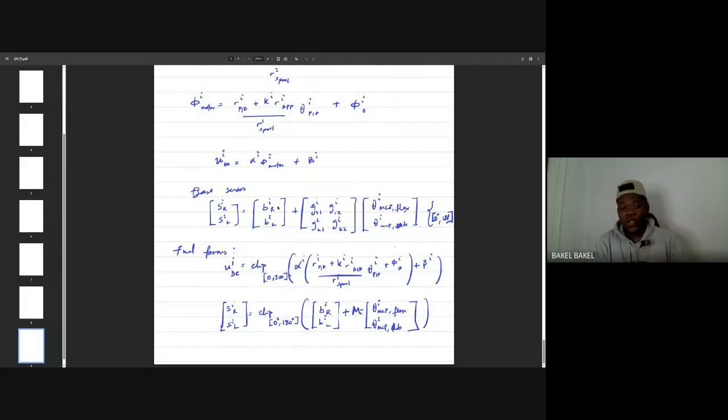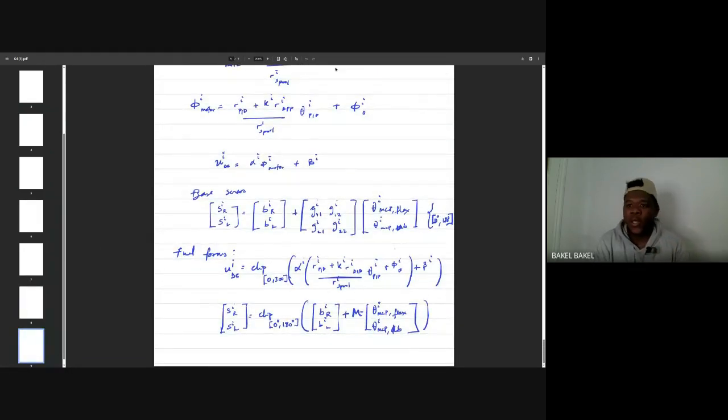Now you have the equations. What you need to do now is write the program for the equations, right? I also got a script for it. I'll probably just share what it looks like, so you see what it looks like in math, and what it looks like in code.